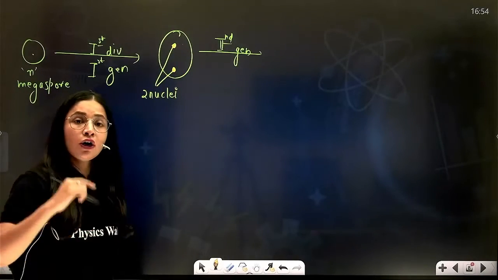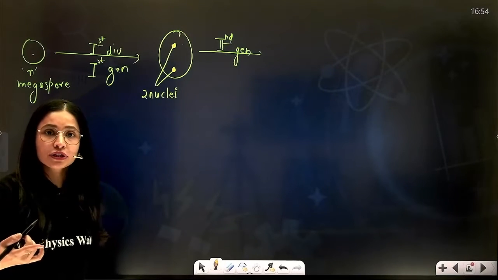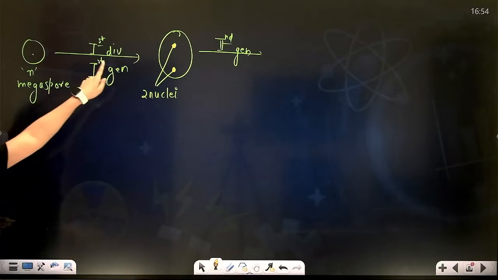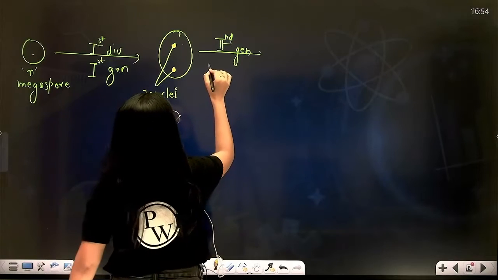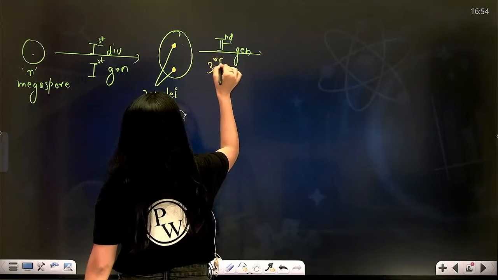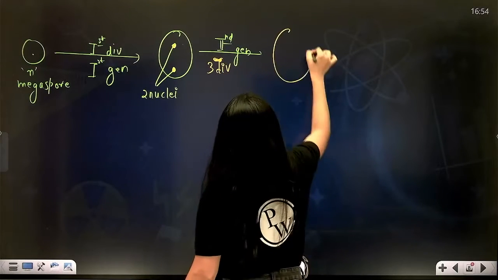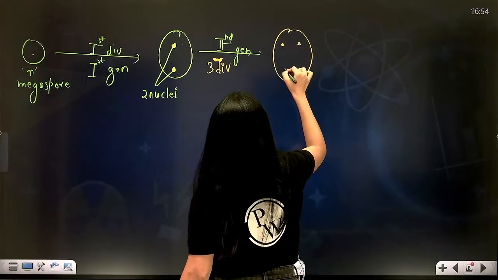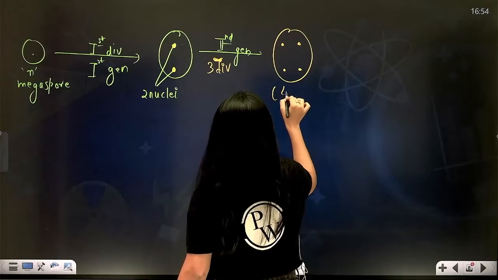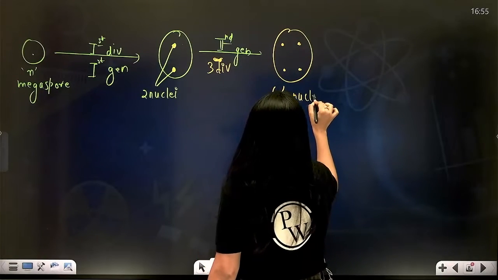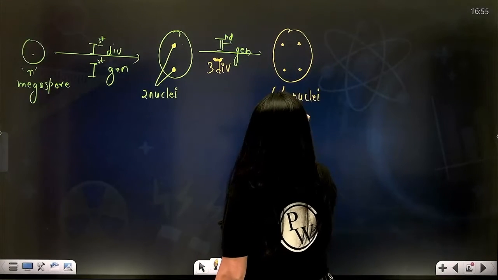So overall 2 more mitotic divisions. First division already took place, now 2 more, so in total 3 mitotic divisions. What will be the condition? 4 nuclei per cell. Multinucleate condition, only karyokinesis.